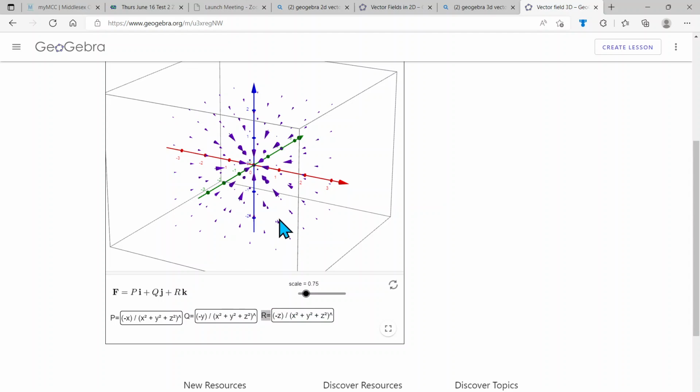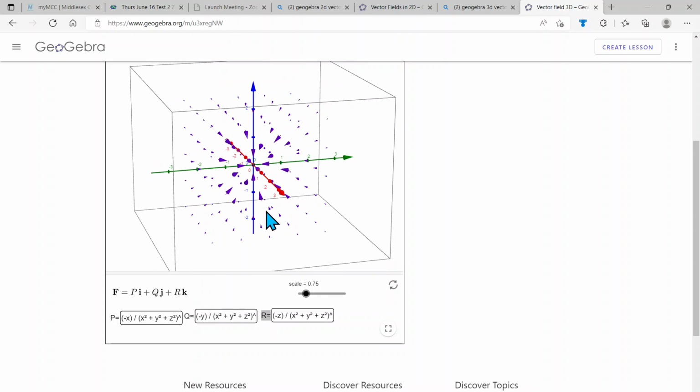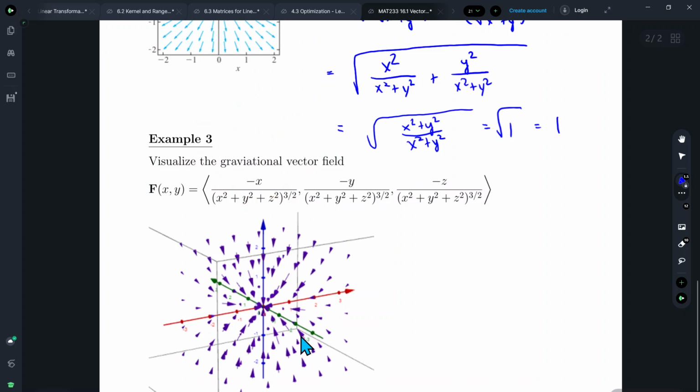And so this is the vector field that we get. Everything is pointing at the origin, and the vectors have larger magnitude the closer to the origin you are. You can see they get smaller as you get farther away, and that's supposed to represent that the gravitational force is strongest close to the mass, but as you get farther and farther away from the mass, the gravitational force gets weaker.